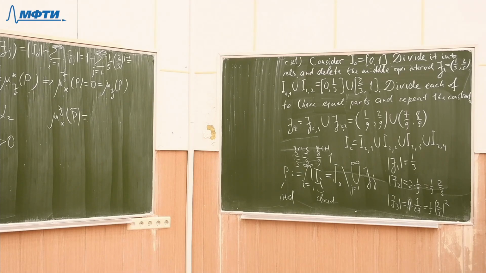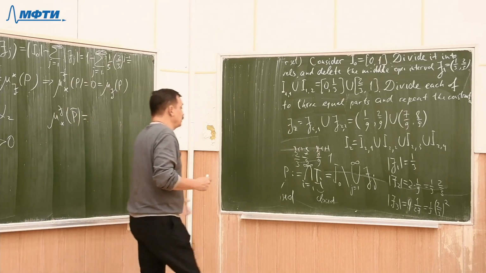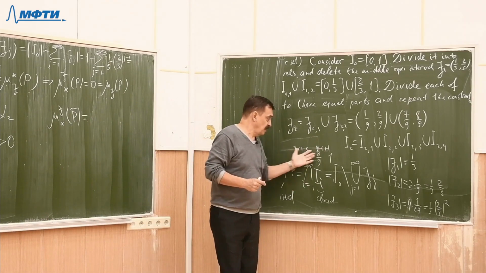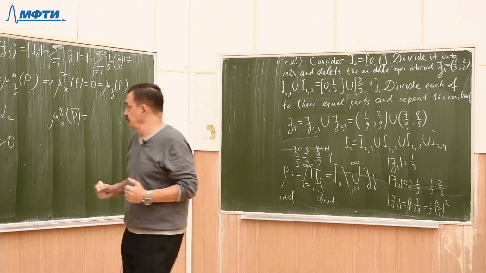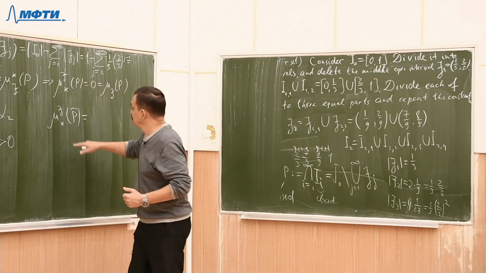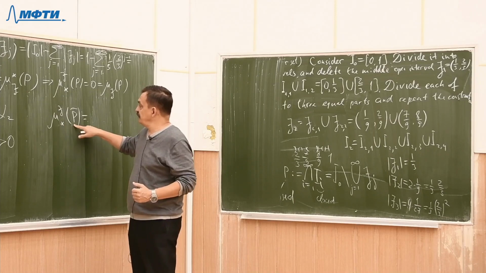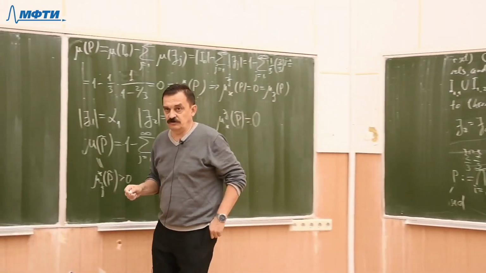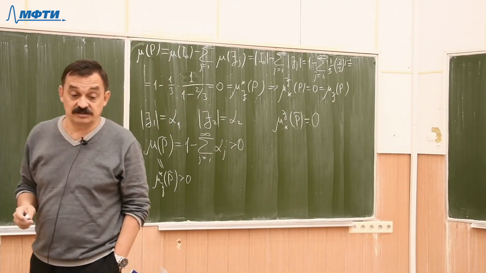So every time we delete something, it means that we cannot find an interval inside our modified Cantor set. So no elementary set is inside, hence the inner Jordan measure is always 0.